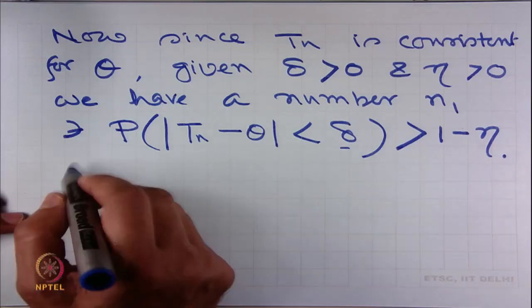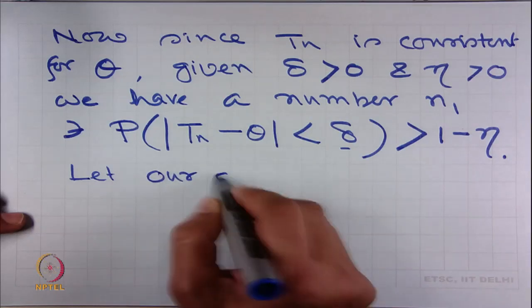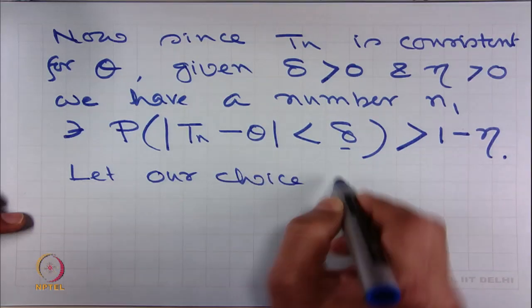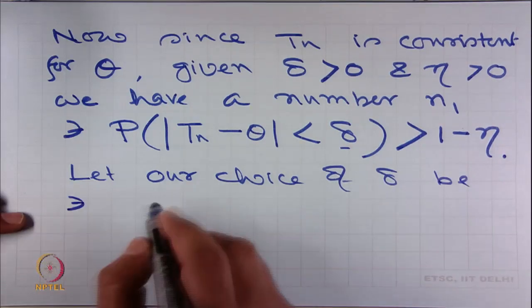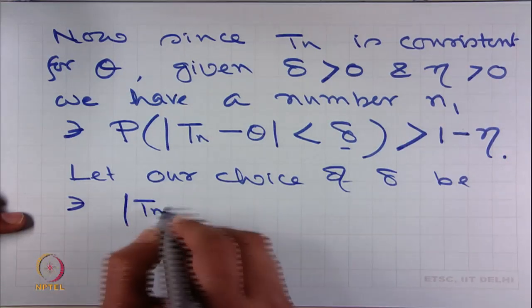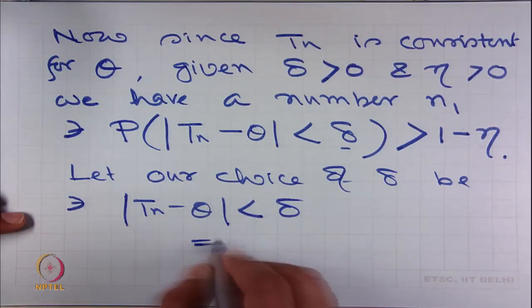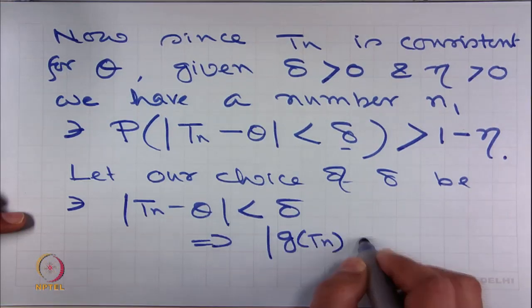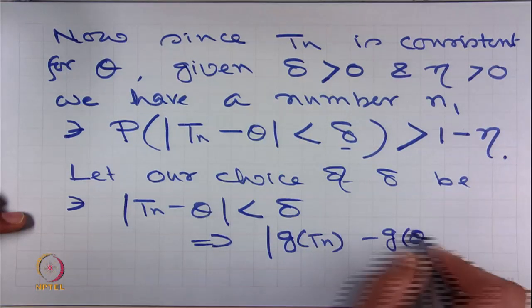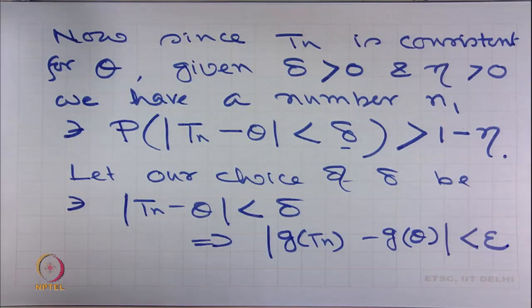Let our choice of delta be such that modulus of T_n minus theta less than delta implies modulus of g(T_n) minus g(theta) less than epsilon.